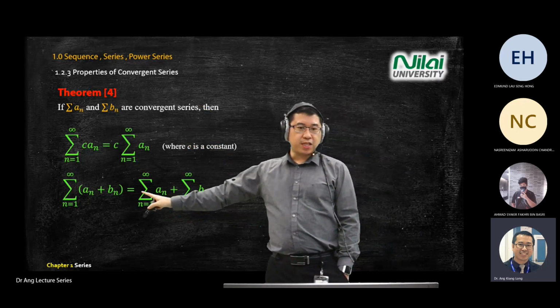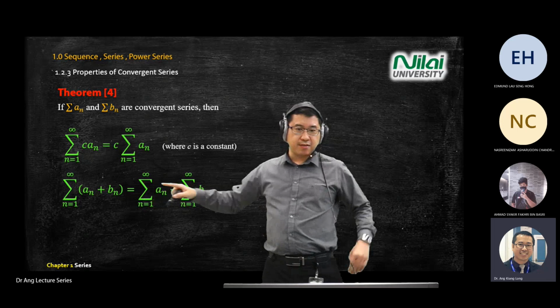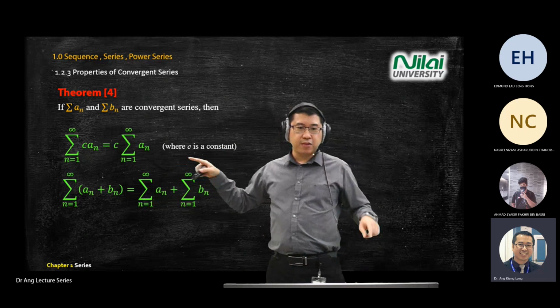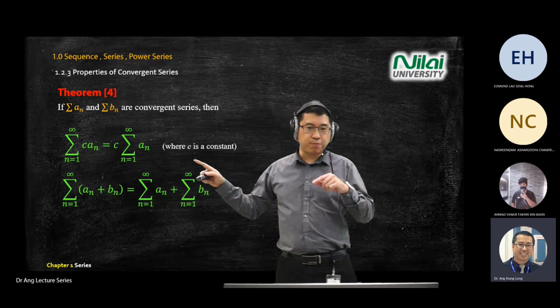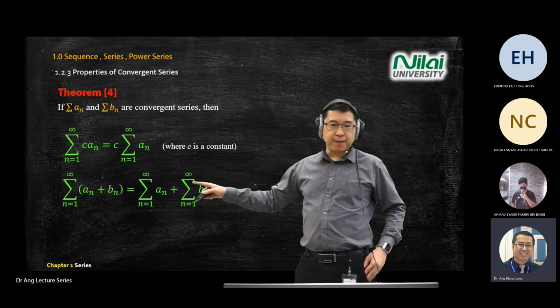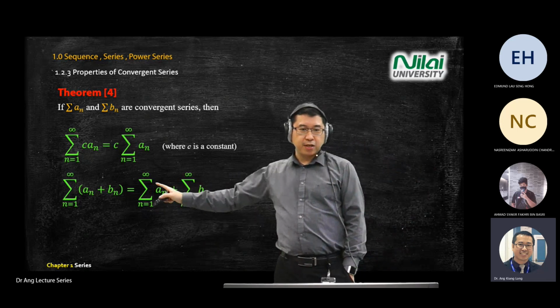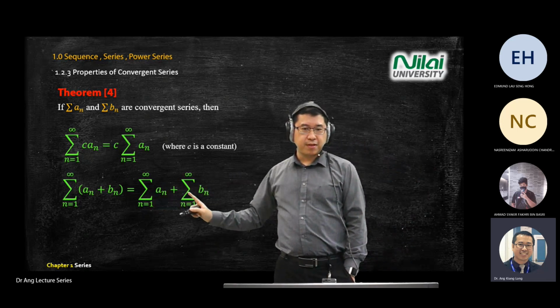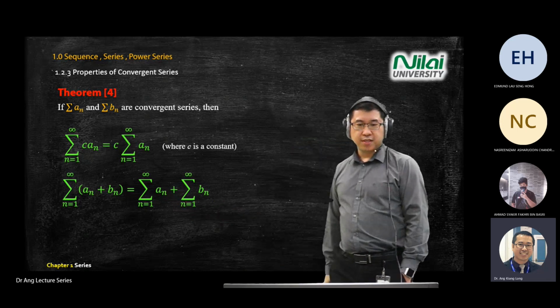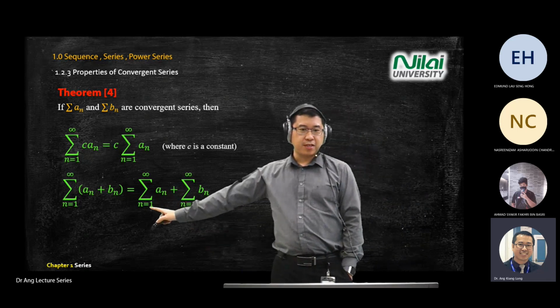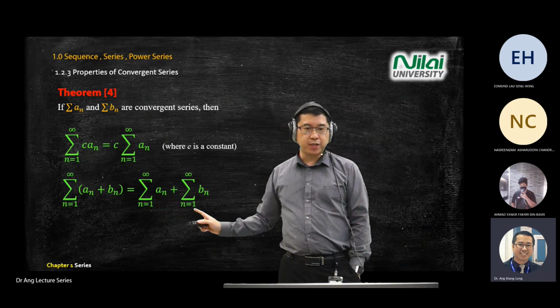So this works for series. If you have two series inside the bracket of A set plus B set, you have two sets there. You can push them to become two sets of summation operation.